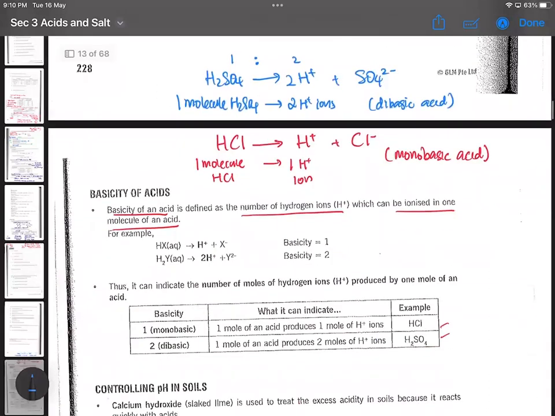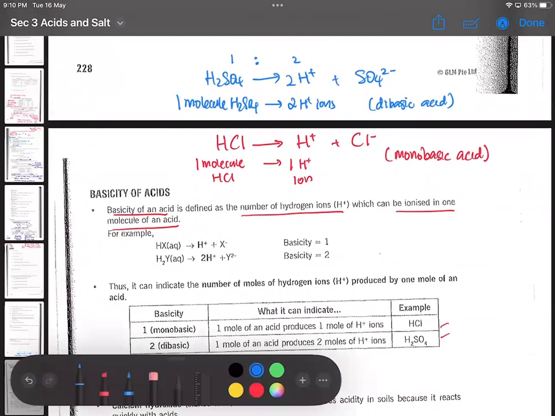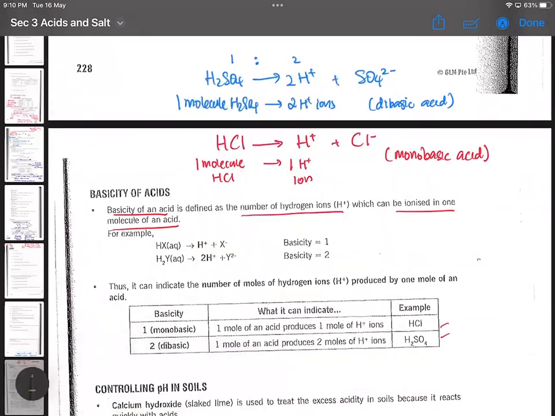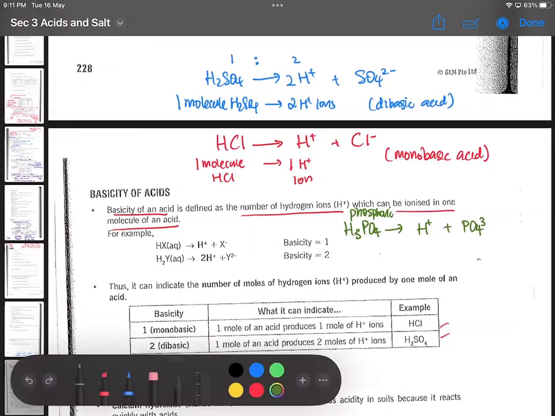I'll show you one last one, which is a tribasic acid: H3PO4, called phosphoric acid. Same thing, it forms H plus. The negative ion is PO4 3 minus.